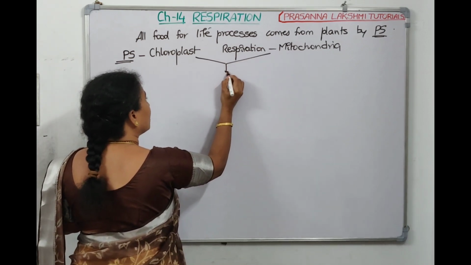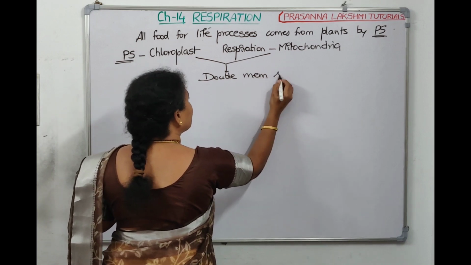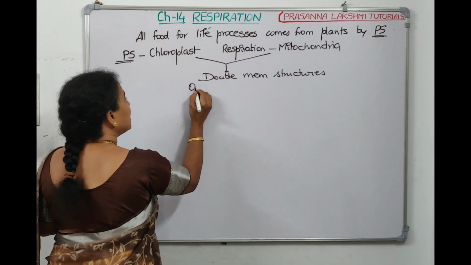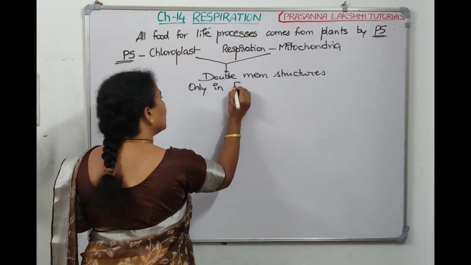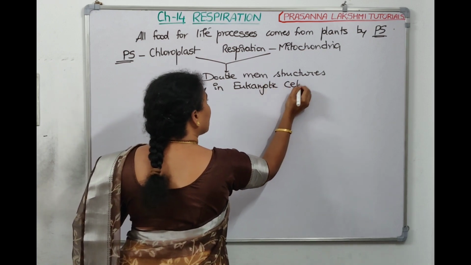Now, these two are organelles. Chloroplast and mitochondria are double membrane structures, and these double membrane structures are seen only in eukaryotic cells.